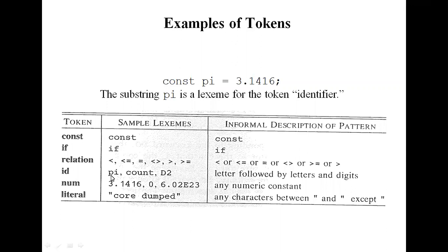It comes under the type of token, it is an identifier token. Did you get the point? In the place of pi, after performing the lexical analyzer, it is converted into ID.